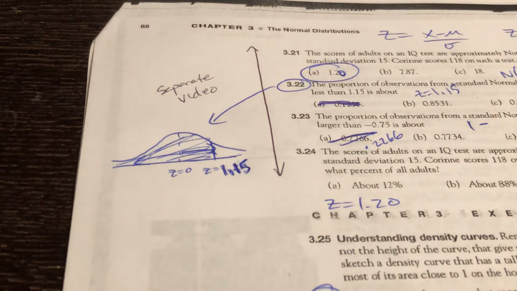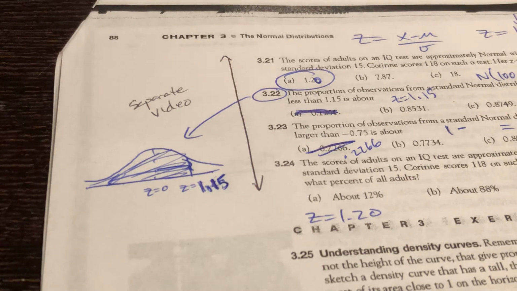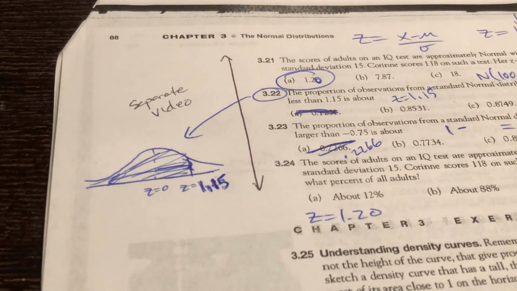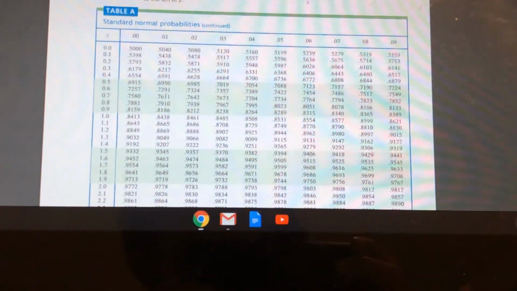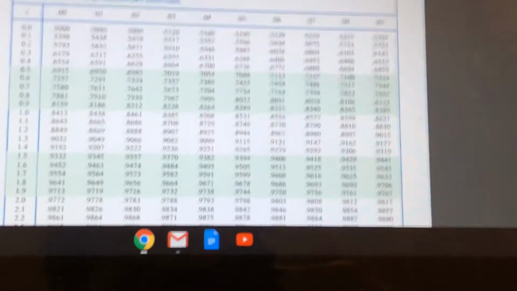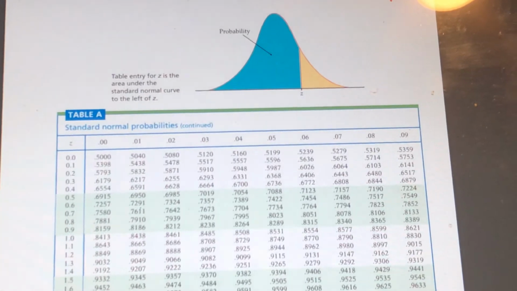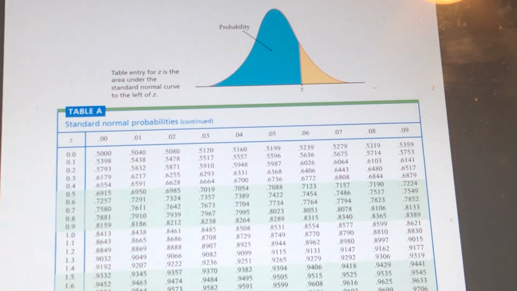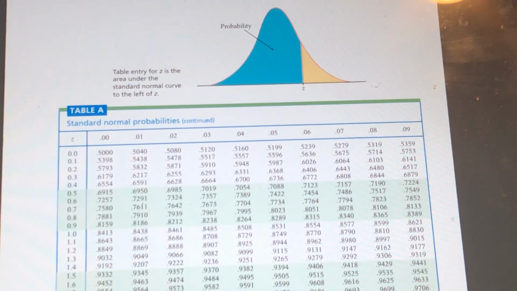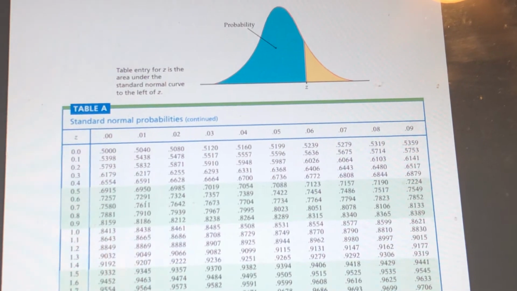So what I do is I look up a z-score of 1.15. Now I'm going to take us to the z-table. Again, I left my actual PDF at home, so here's what I'm going to do. Now, it's very important, look up top. This gives you the area to the left, which is a probability. Table entry for Z is the area under the standard normal curve to the left.